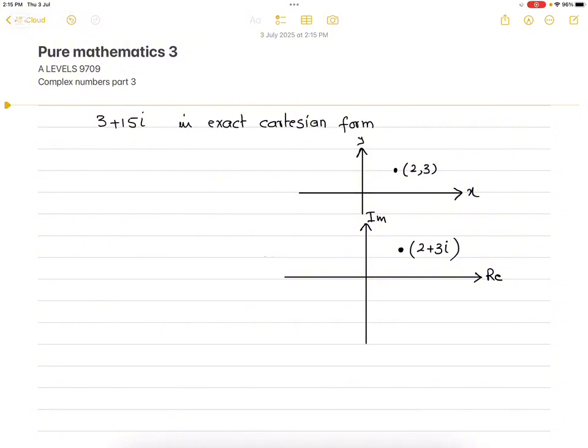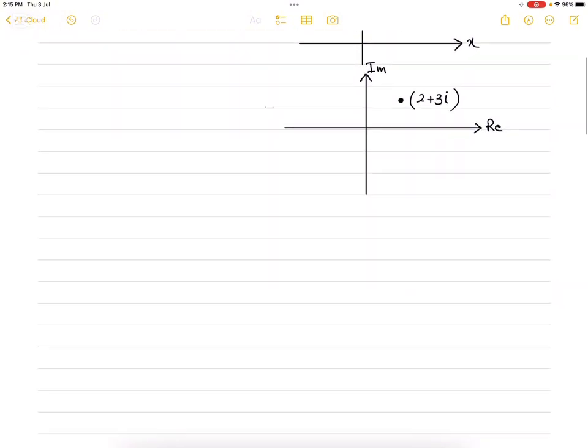So let's find the square root of 12 plus 16i.